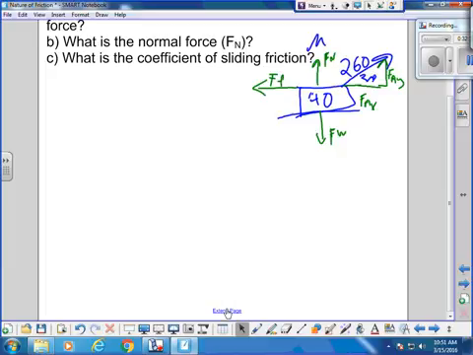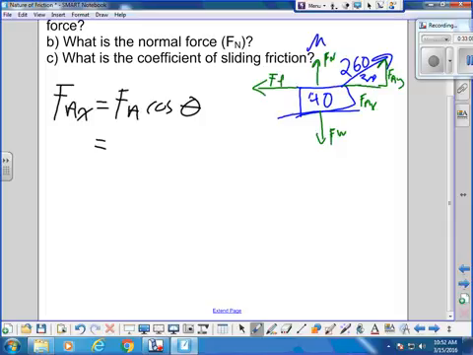Let's look at part A, which is horizontal component, FAX. Now, FAX is going to equal, Nate, concentrate, man. The FAX is adjacent to the angle, so it's going to be FA cos theta. It's going to be the cosine. How much is my applied force? 260.